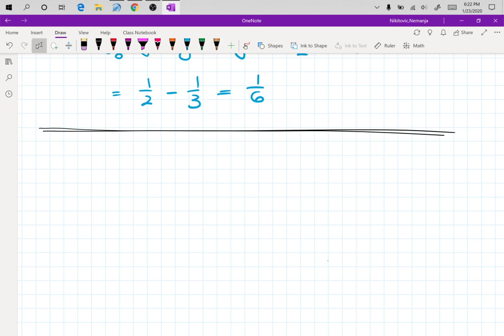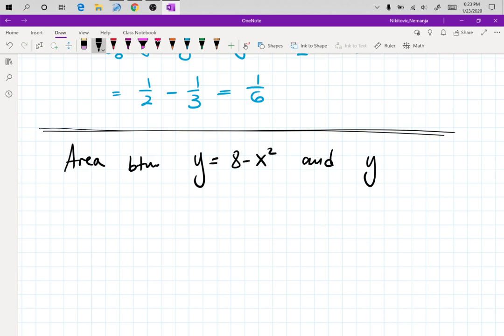So how about area between y equals 8 minus x squared and y equals half x plus 2.